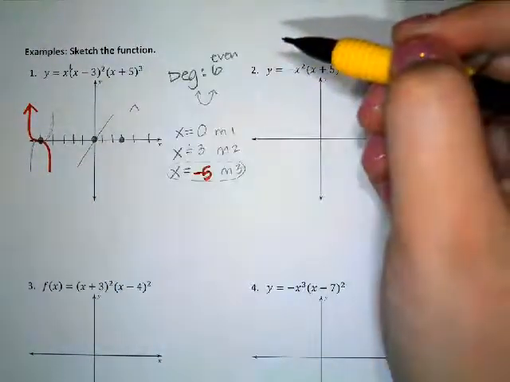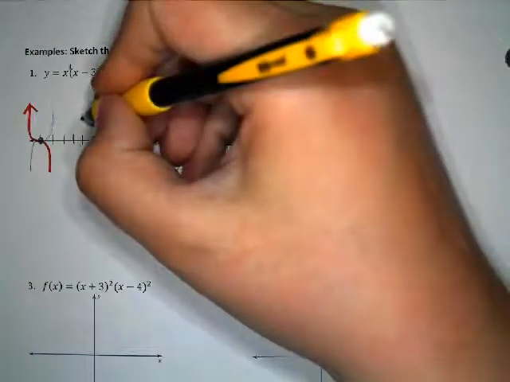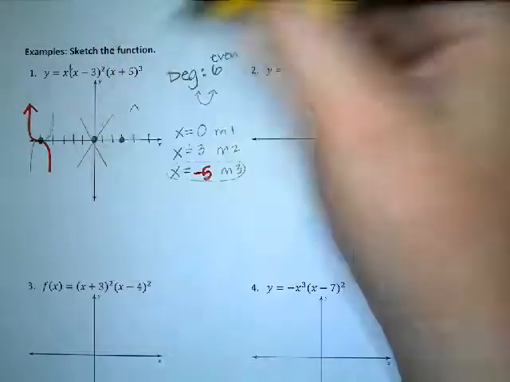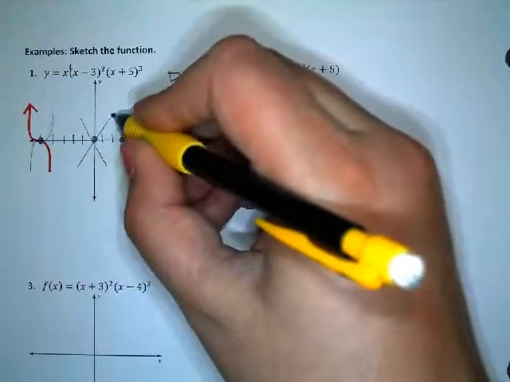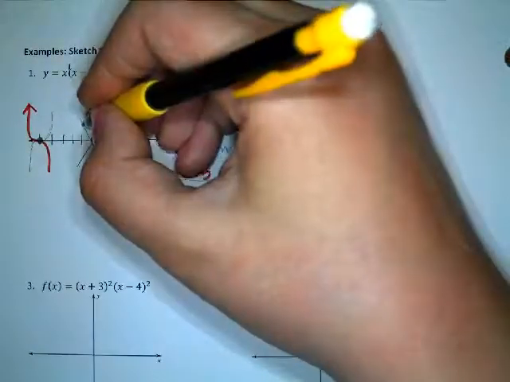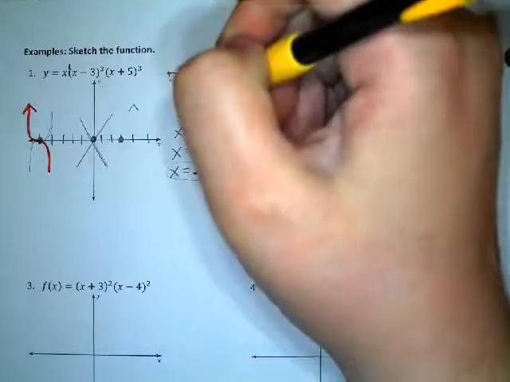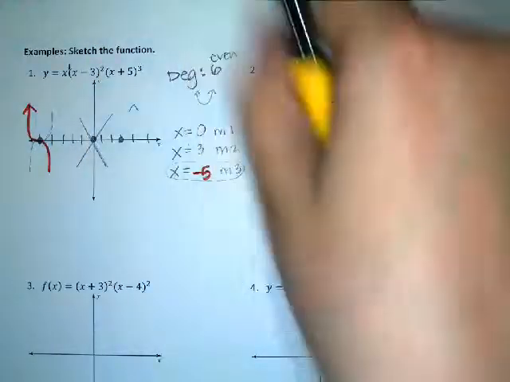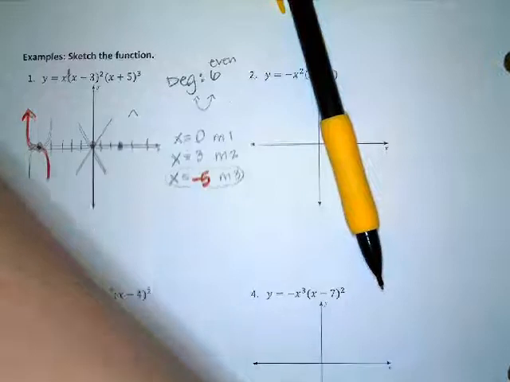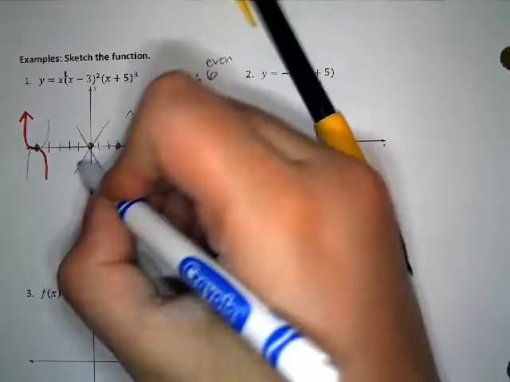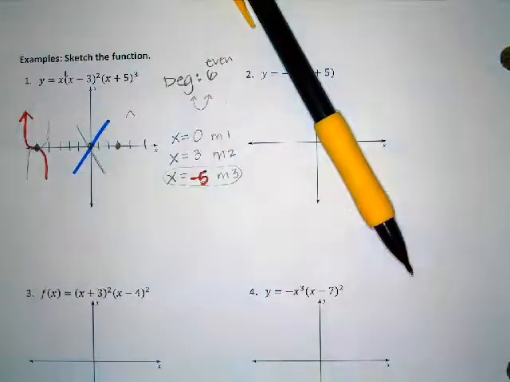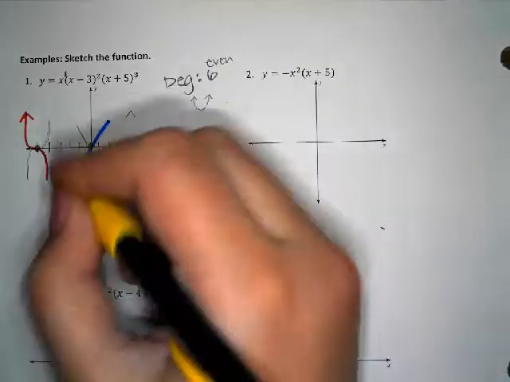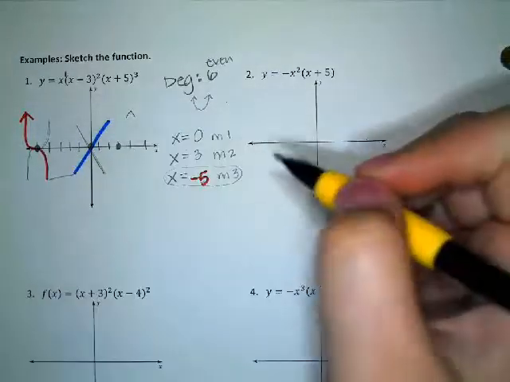So which one makes more sense? The positive slant makes more sense. Okay, so now I'm going to say the positive slant. And whenever we connect the 2 answers together, we can't connect like this because polynomials don't look like that. They don't have sharp corners. They always have curves.